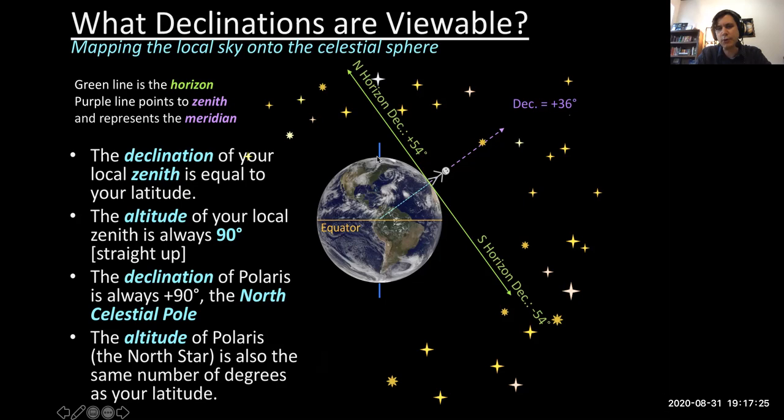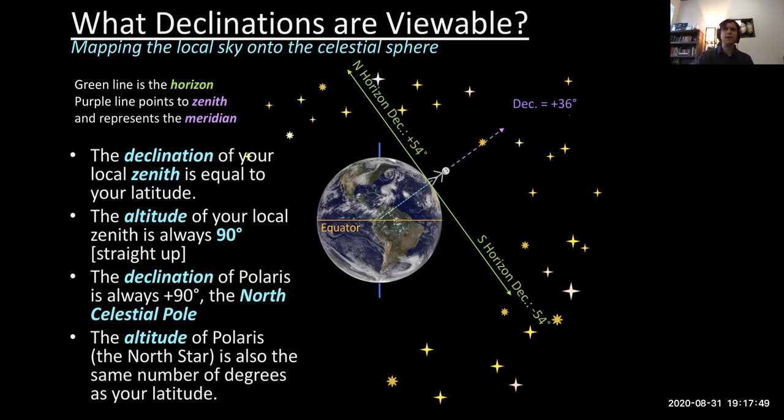But if I go more north, I just start coming back down. So I'm now going down in latitude. But I went 54 here. That leaves 36 to go down. 90 minus 36 is plus 54. So if I point due north at the horizon, I'm pointing at declination 54. Keep those numbers in mind. It'll help whenever I come and demonstrate this on Stellarium.